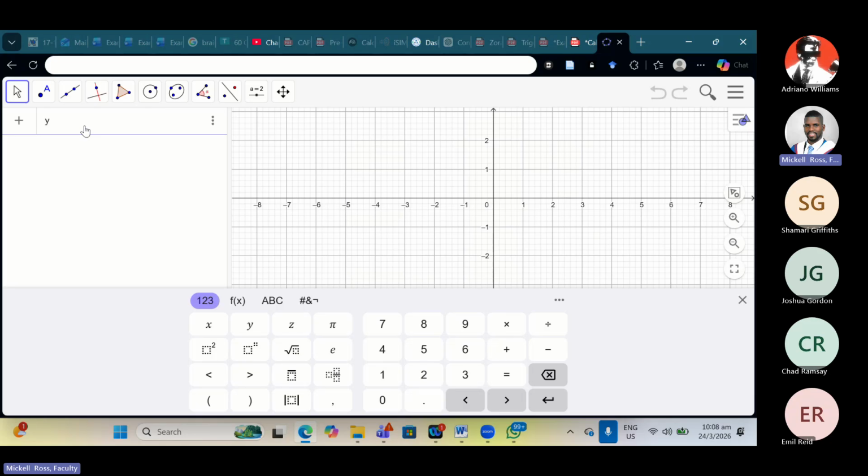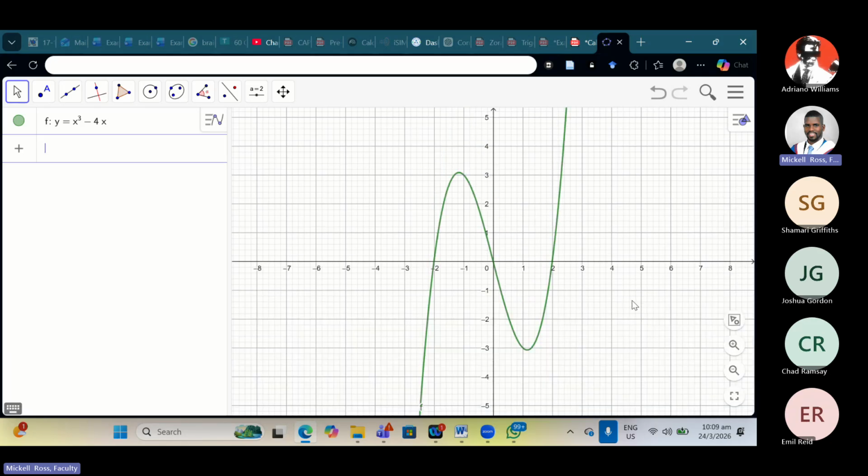All right, so y is equal to x cubed minus 4x. If you notice right here, let me just give you a little bit more. So this is what it looks like. Notice one intersection is at -2, one is at the origin, one is at 2, 0.